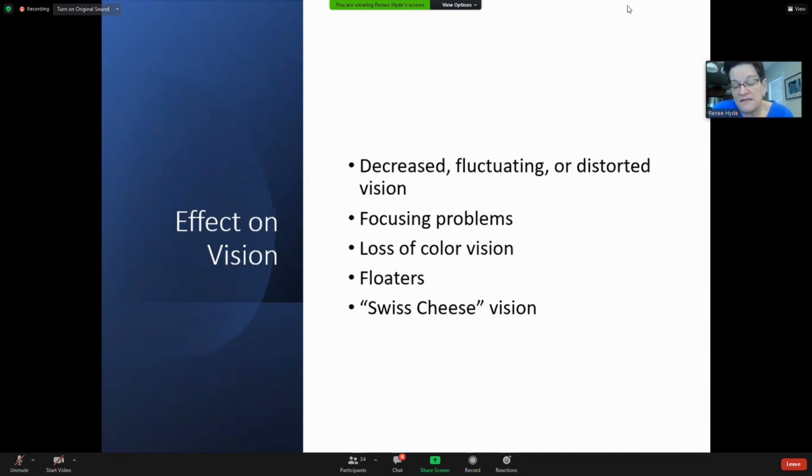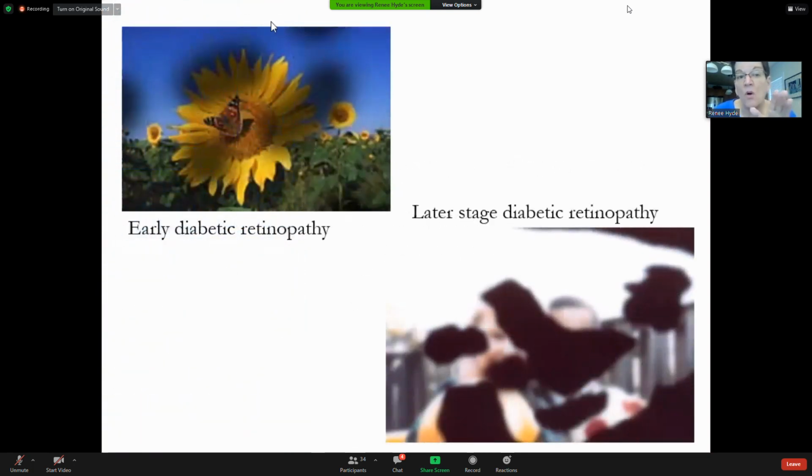Classic sign of diabetic retinopathy, guys, is Swiss cheese vision. That Swiss cheese vision is very similar to what you see with Swiss cheese. The holes are all over. Remember, with AMD, it was a central loss.